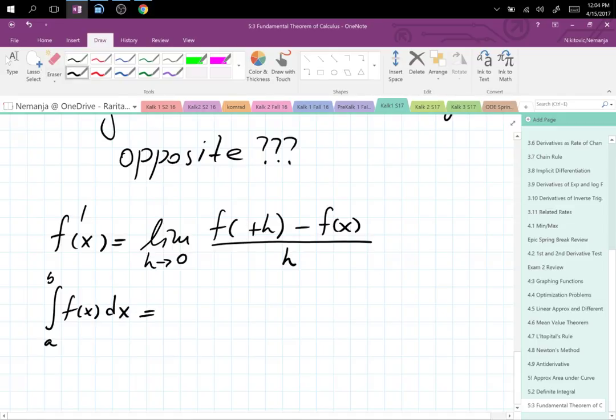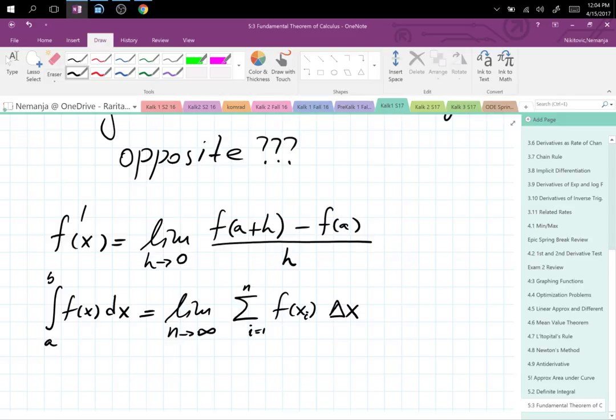Well, I should have used a's here, right? You wanted the slope. Does anyone see it?